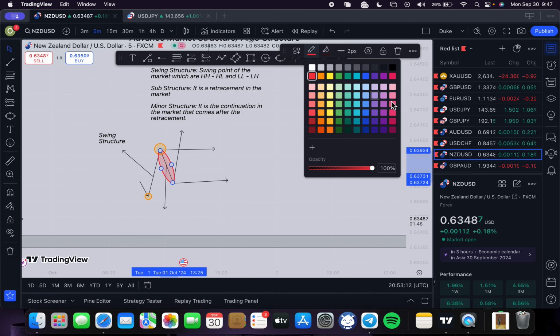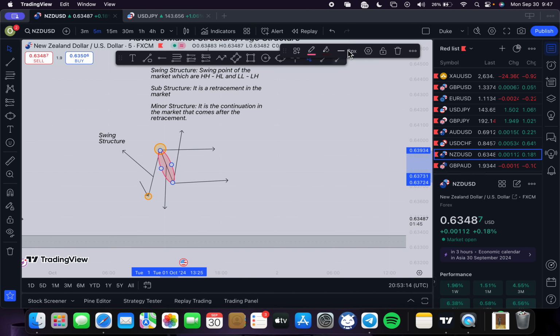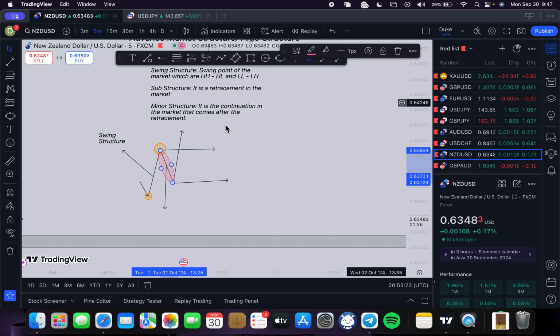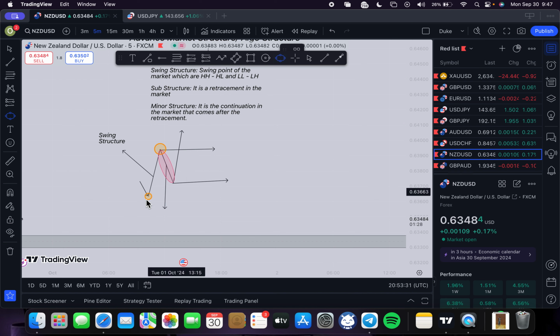This is your substructure. And thank God you are getting it fast. At least this tool is making it very good to identify, right? This is now your substructure, which from the meaning it is a retracement in the market. Then this one is your swing structure.